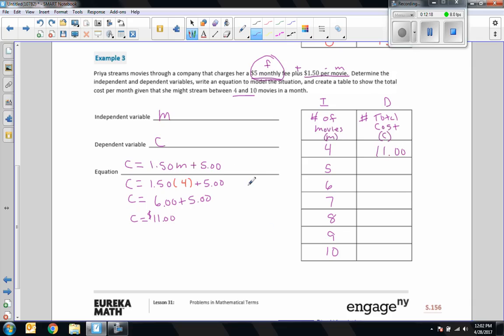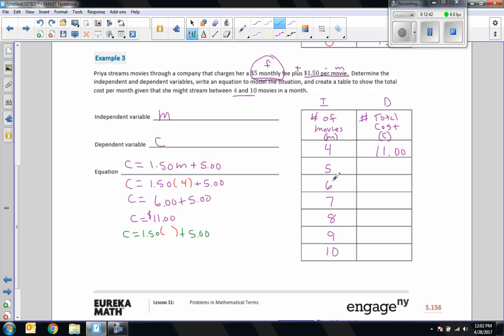Let's do that one more time. C equals $1.50. Let me change color so you see it's a different equation. I'm going to do the same thing over again. C equals $1.50 times some value we're going to plug in for M, plus $5.